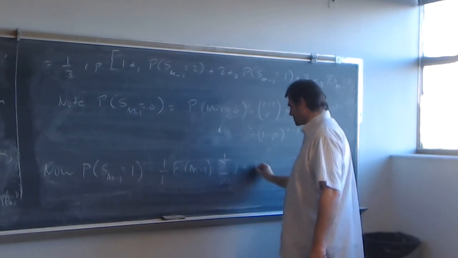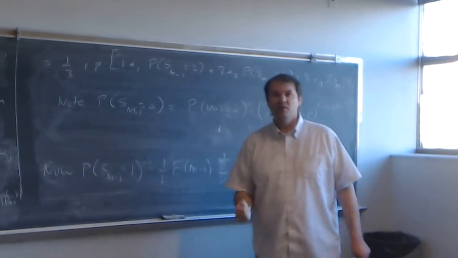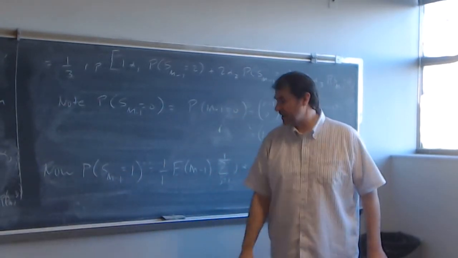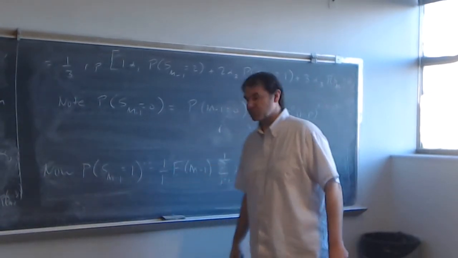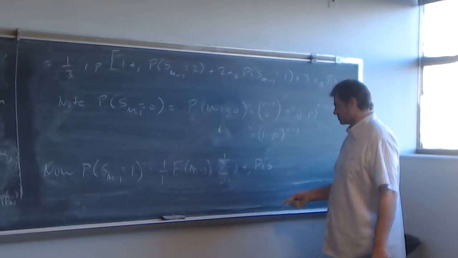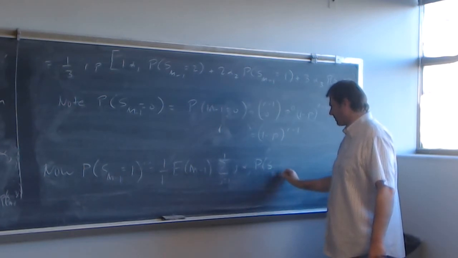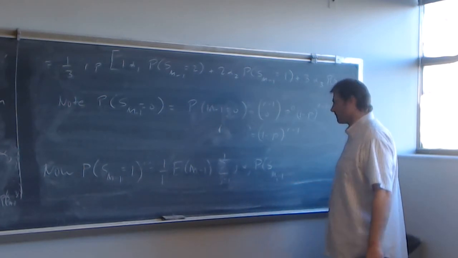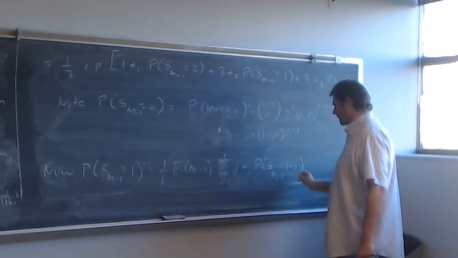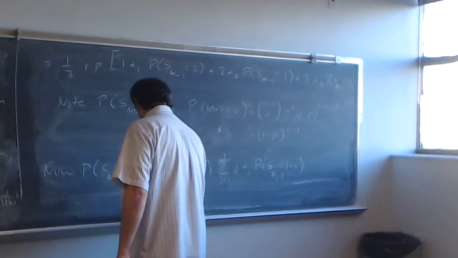This is times the probability that S, now what we do is we form a random variable that has the right probability relationship between m minus 1 and itself. So I'm going to call it m sub 1 minus 1, as I did in the previous example. And this is supposed to be equal to k, which is 1 minus j. So this is equal to, well, this is 1.